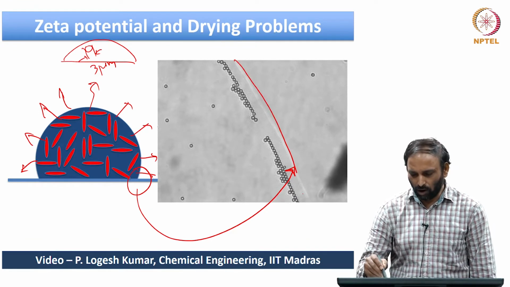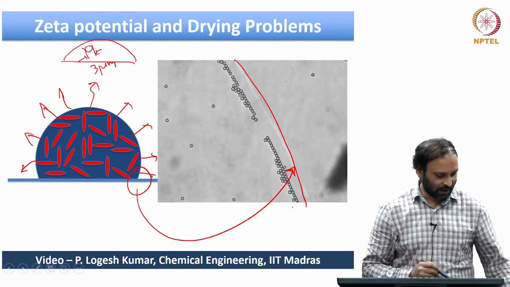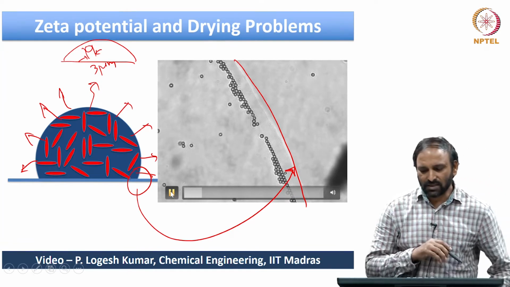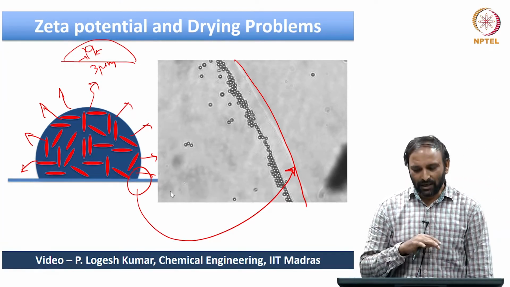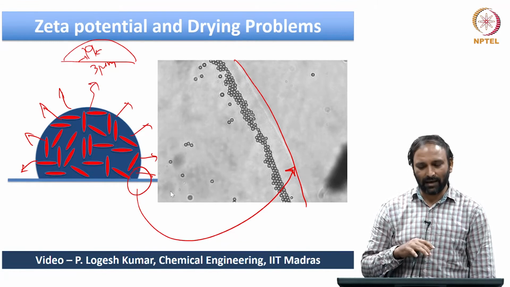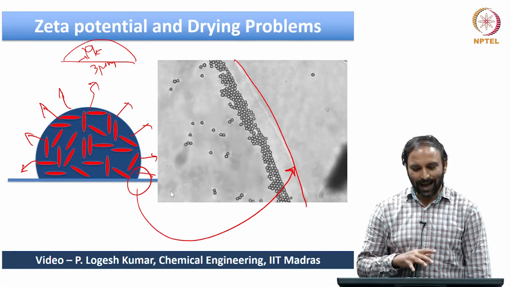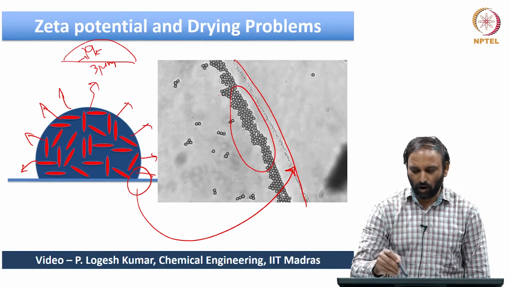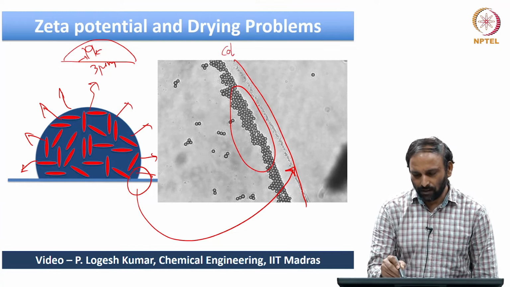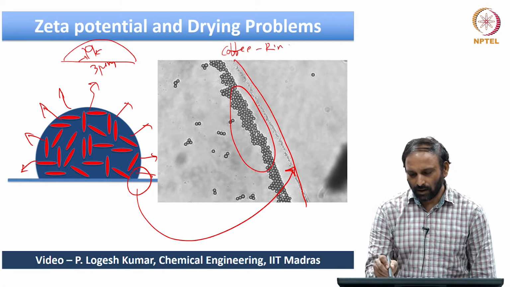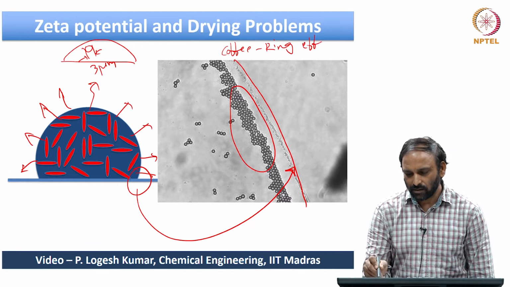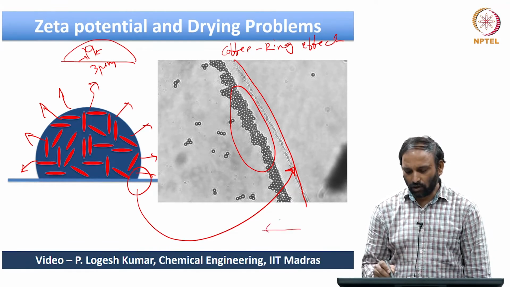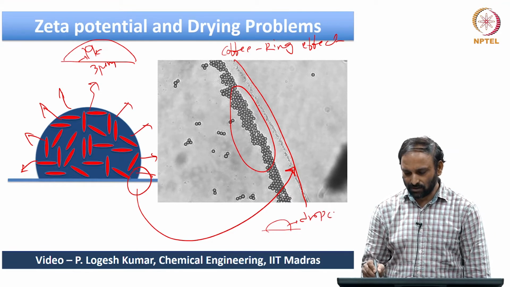This is the boundary or the 3 phase contact line, and with time this capillary flow drives the particles, and it helps in the deposition of particles at the contact line. This is a classic phenomenon called the coffee ring effect, because similar features are found when a droplet of coffee dries.